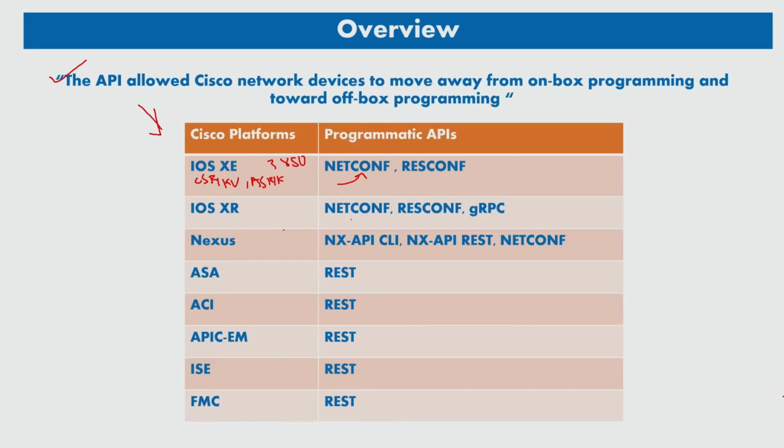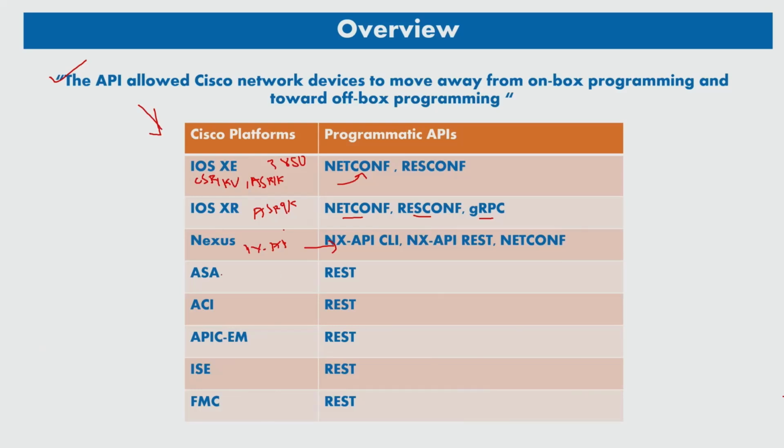Now for Cisco IOS XR devices like the ASR 9Ks, right? If you're familiar with this device, these are the APIs available, right? To communicate to the API, you need NETCONF, RESTCONF, and gRPC. Next is for Nexus, right? We call it the NX-API. So this is available: NX-API CLI, REST, and NETCONF.